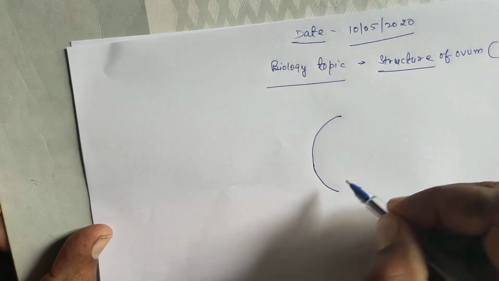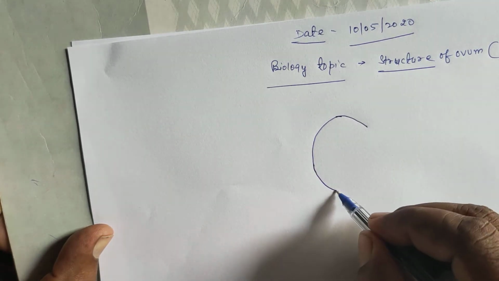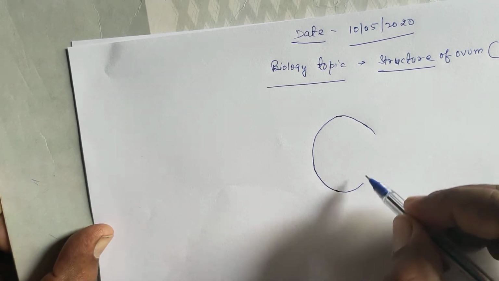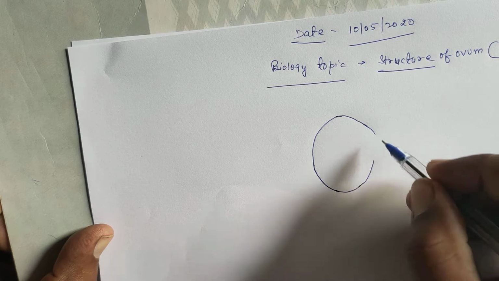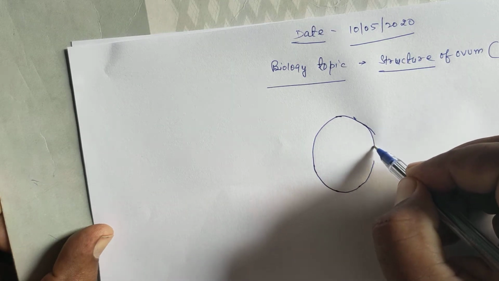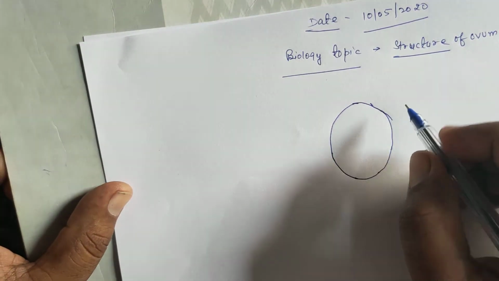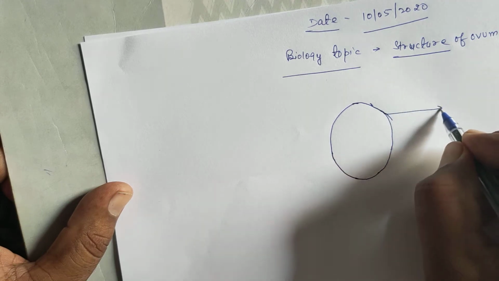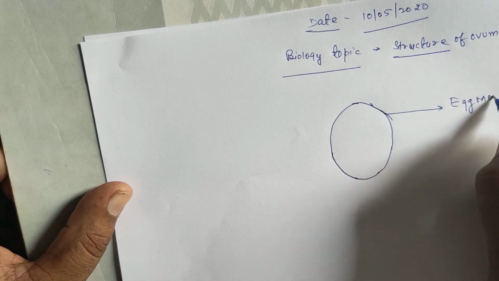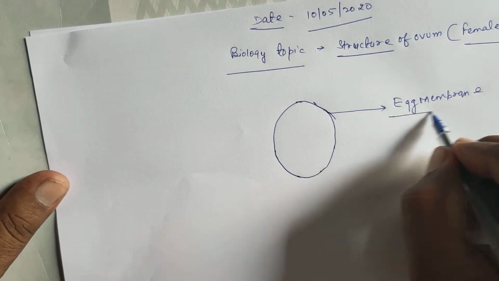Students, formation of ovum or formation of female gamete in oogenesis process. This is egg membrane or ovum membrane.